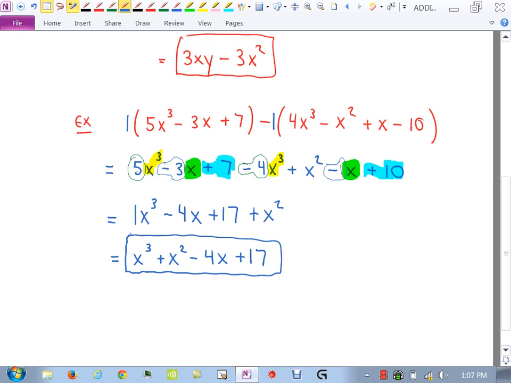No. You mean like put the 5x cubed and put this right here underneath it? Well, how did you get plus x, though?